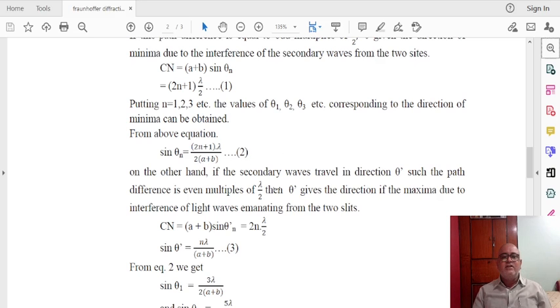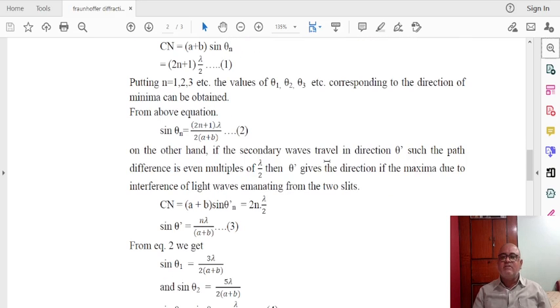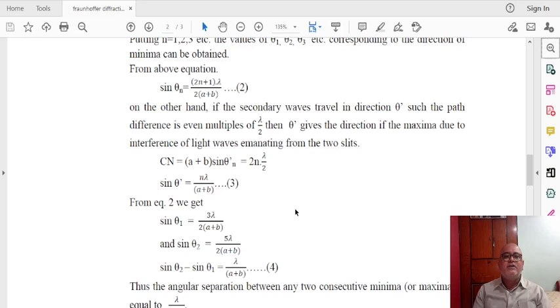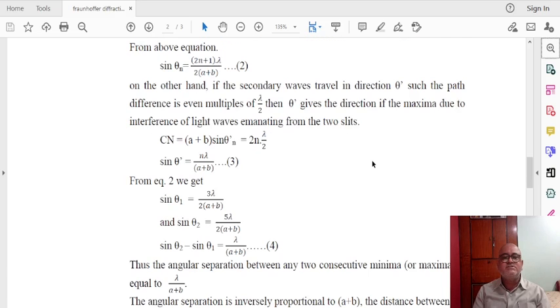On the other hand, if the secondary waves travel in the direction theta such that the path difference is an even multiple of lambda by 2, then theta gives the direction of the maxima due to the interference of light waves emanating from the two slits.